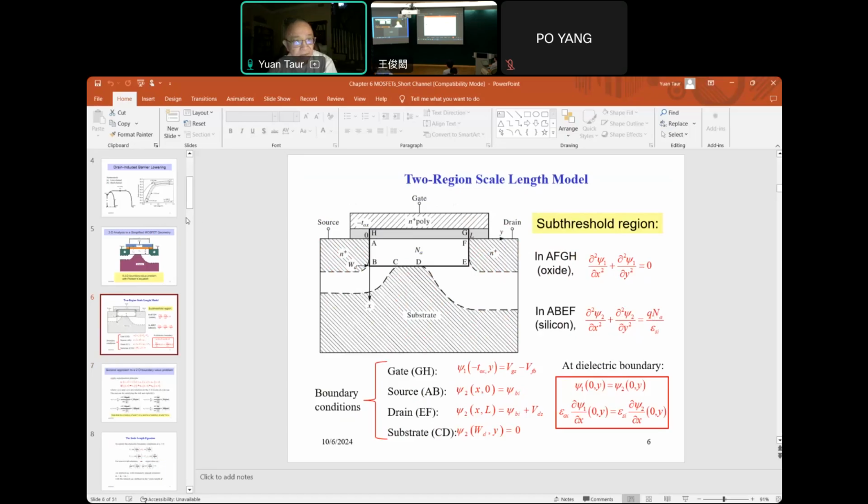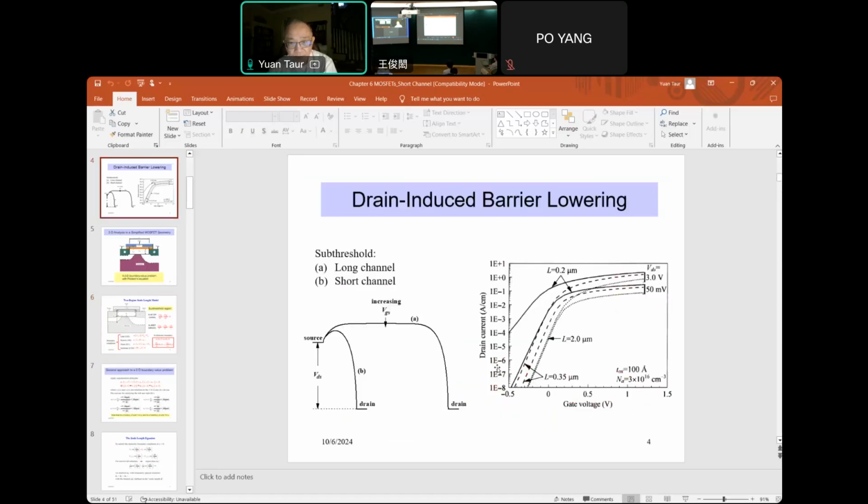But that's fine, because what we really want is to model the subthreshold region, so that we know how short the channel length can be while still controlling the current in the subthreshold region.